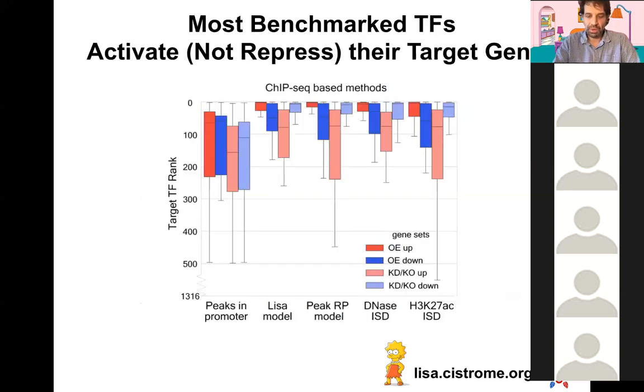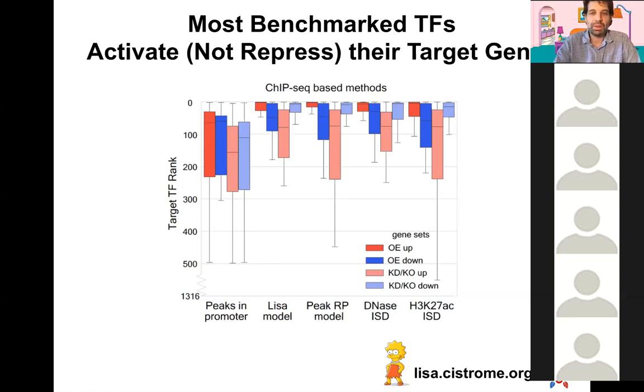Just one of the results coming out of LISA was that we noticed in our benchmarking data that we had several different data sets. Some of them involved activation of a transcription factor, and some of them involved the knockdown of a transcription factor.